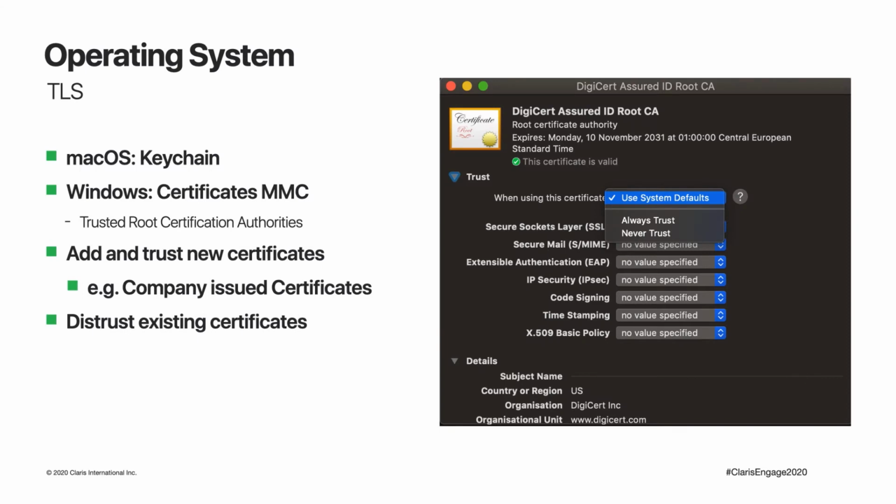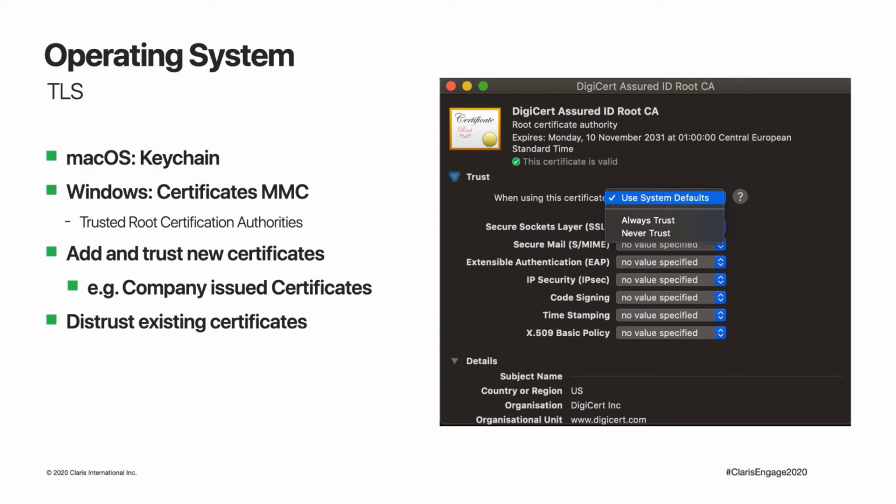So in the operating system on a Mac, you will find them in your keychain, and you can decide to trust or distrust these certificates if you don't believe that DigiCert is trusted. On Windows, you find it in the Certificates Management Console, under Trusted Root Certificate Authorities.